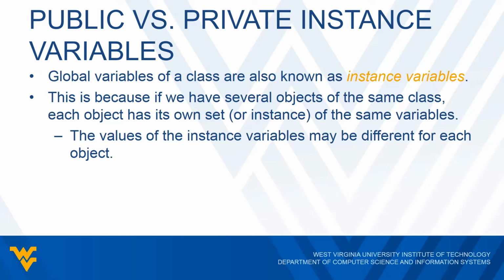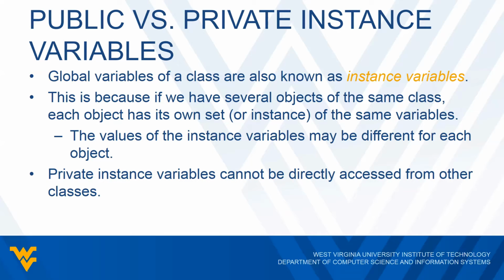Now, with these instance variables, they can be public or private. Private instance variables cannot be directly accessed from any other class. So if I were to create several objects of a class and the instance variables in these objects are private, I can't have an object access an instance variable of another class.